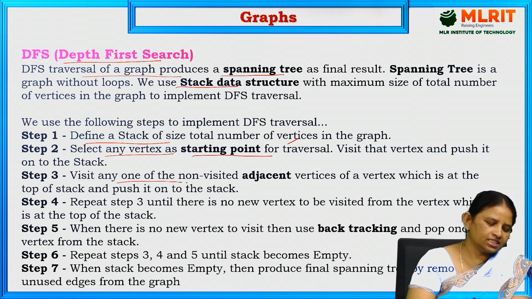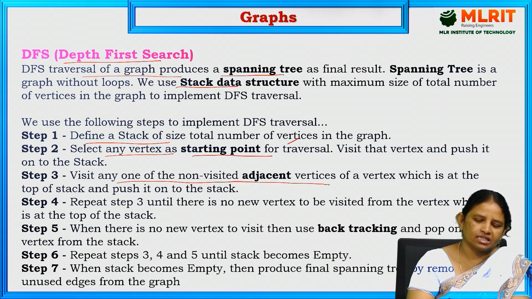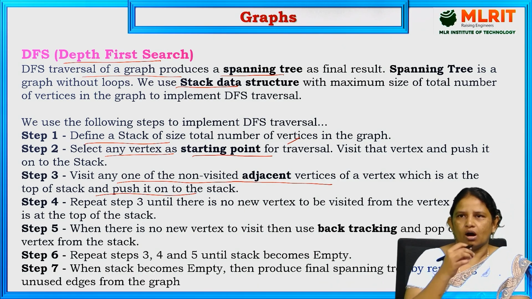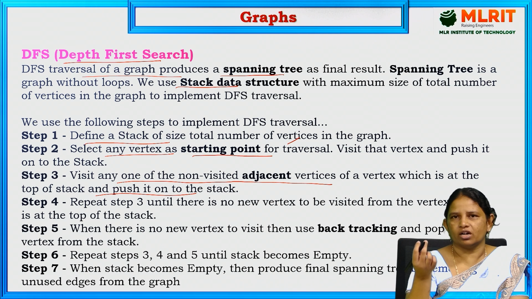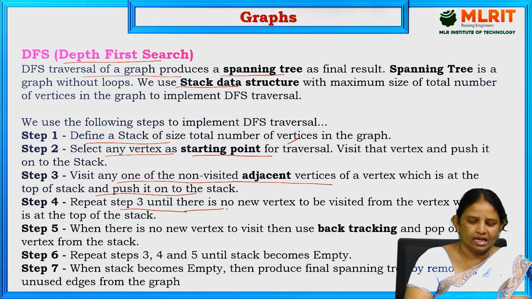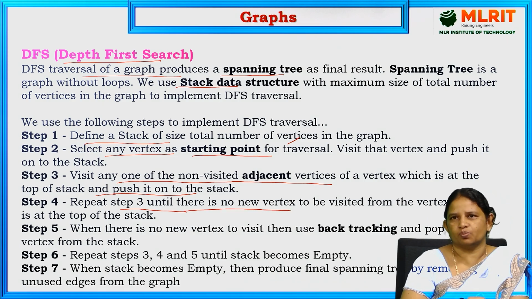Then visit any of the non-visited adjacent vertices of the one at the top of the stack and push it onto the stack. Again we take the corresponding adjacent vertices which are not visited and push them onto the stack. We repeat this process until there are no new vertices to be visited.